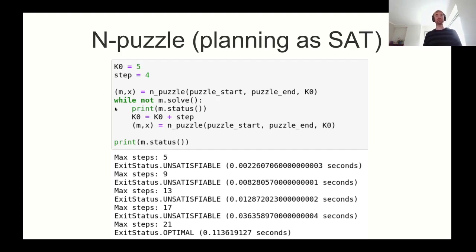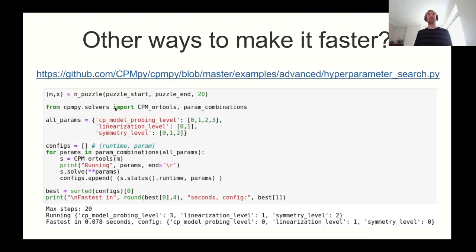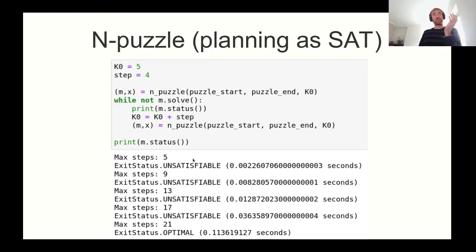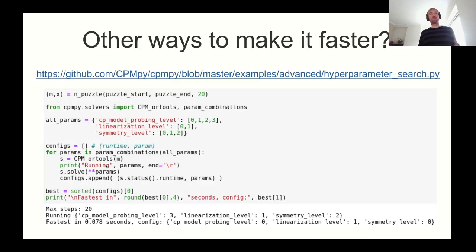Now, you might still not be very satisfied by the efficiency of the solver, and then you might wonder, well, isn't there some parameter configuration of the solver that actually solves these problems quicker? Because we're going to do it over and over and over again. So why not take a small problem, try out a number of parameter combinations, and see which one is best.